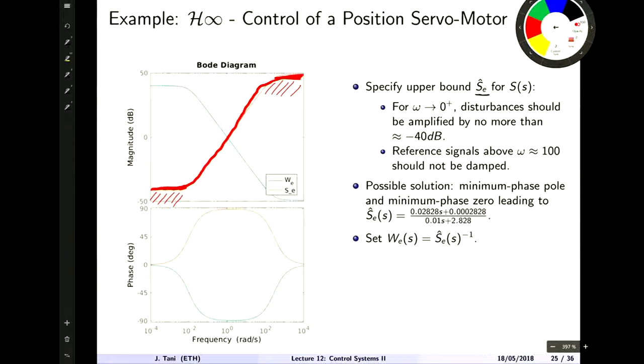So we do that, and then we select WE. WE is just, as I said, the inverse of S hat. And as you see here in the Bode plot, it's just swapped, right? Questions so far? No? Okay.